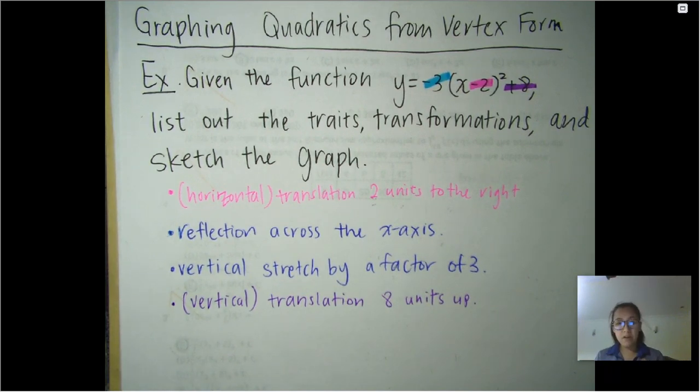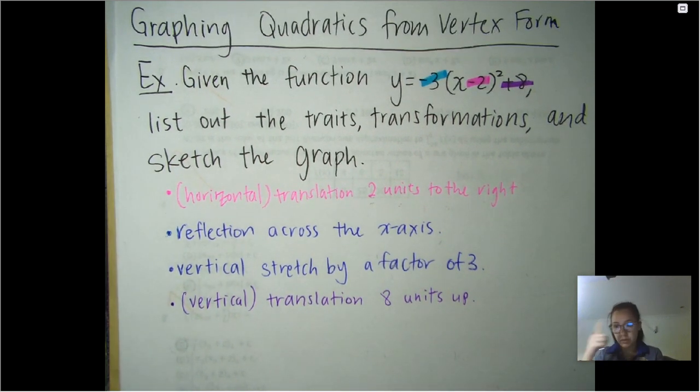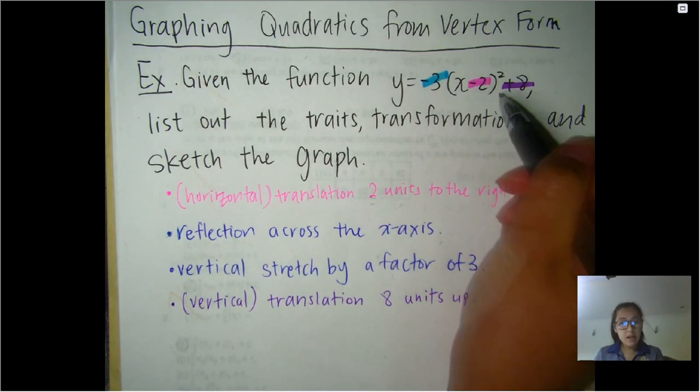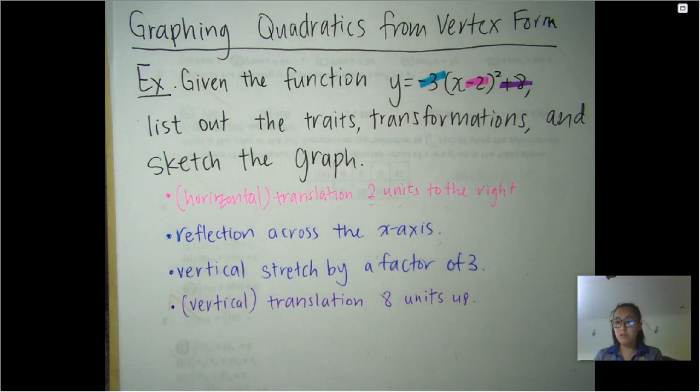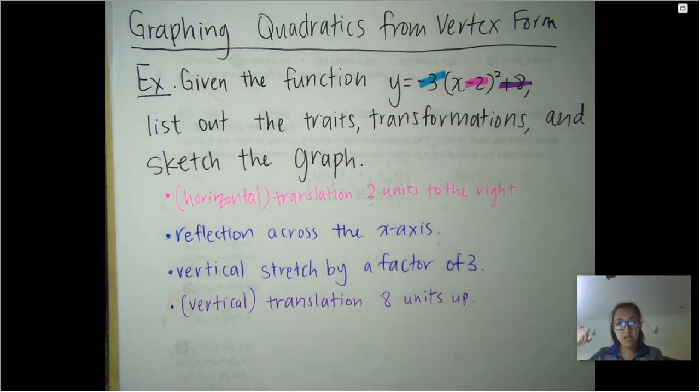Okay. And so now let's talk about a few of the important traits of the parabola. So when we're graphing this parabola, it's been shifted 2 units to the right. That means that the vertex is also shifted 2 units to the right. And then the +8 means that that vertex is shifted 8 units up.